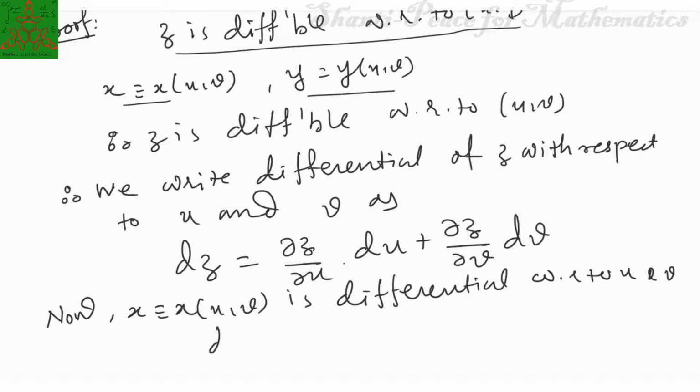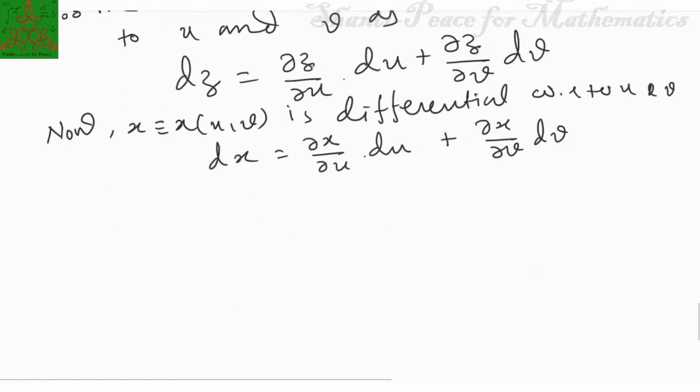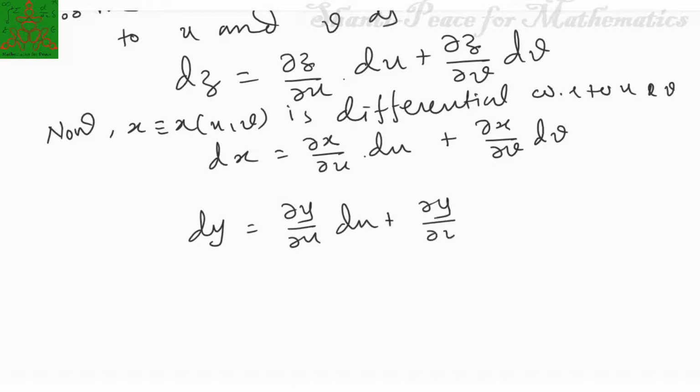That can be written as dx is equal to del x upon del u into du plus del x upon del v into dv. In the same way we can write for y: dy is equal to del y by del u du plus del y by del v dv.